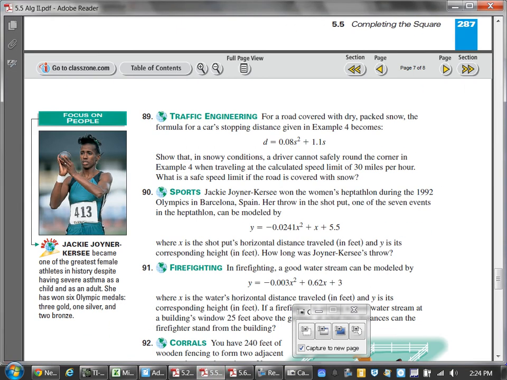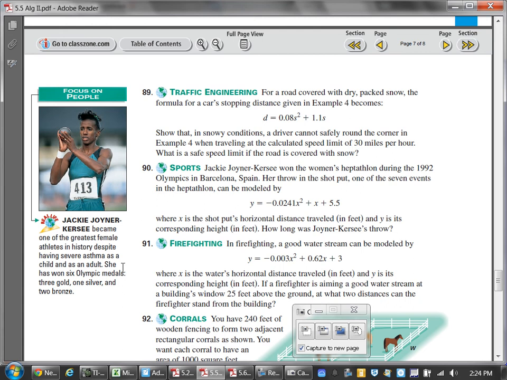Yeah. Like I said, when you're doing 89, it blends back to another example in the book. In this case, the model kind of sucks because it doesn't tell you exactly what you're supposed to do. You're supposed to set it equal to 80, and you get like 25 miles an hour. Yes, sir? What shows that in snow conditions, the driver cannot safely round the corner?